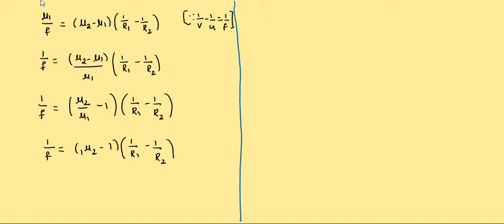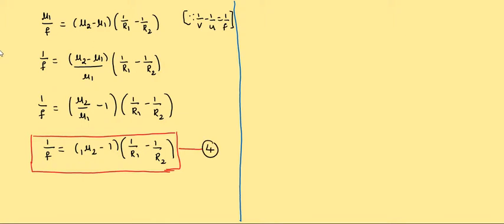This is the final equation, equation 4, and this is called the Lensmaker's formula. What is this? Lensmaker's formula. While designing a lens with a certain focal length, we have to use this formula.